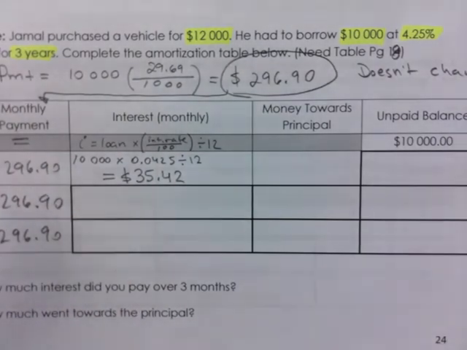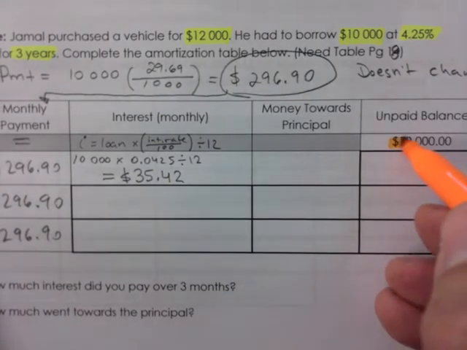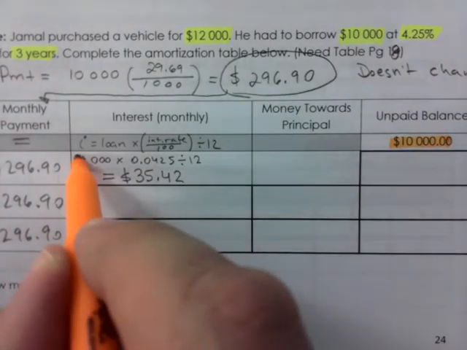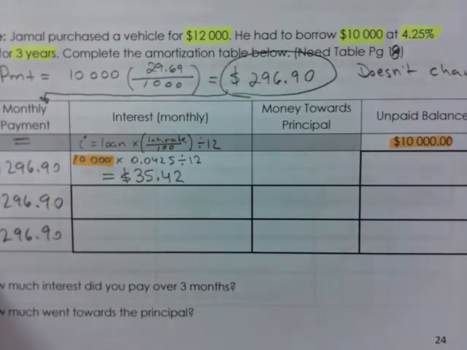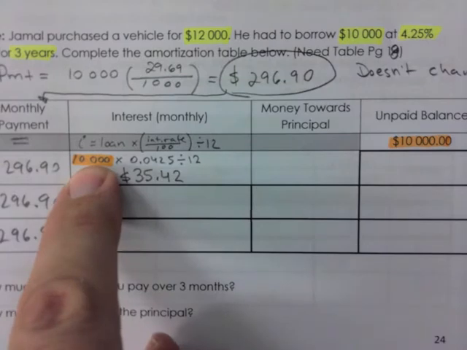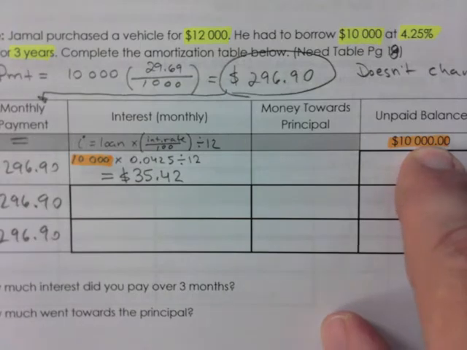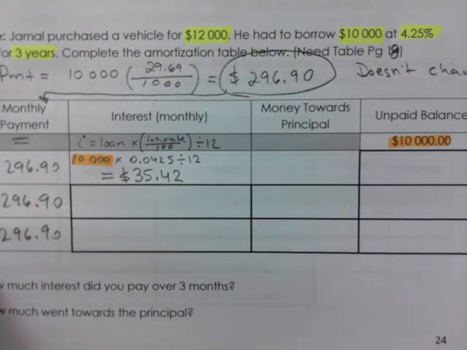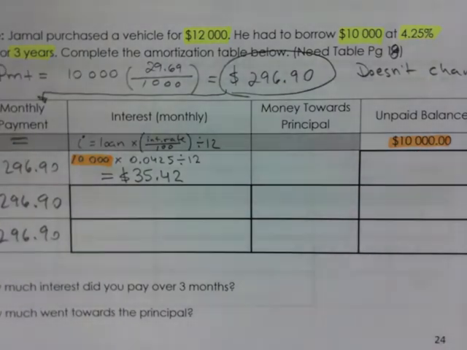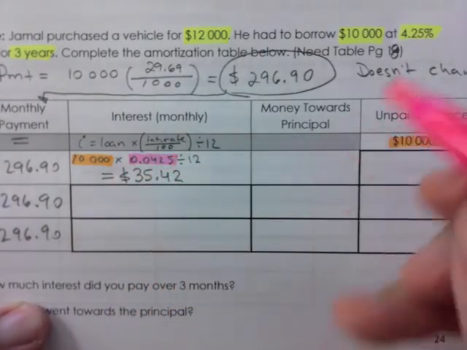And if you have different highlighters, I will make this appear here. Okay. So you know that the 10 grand, where did that come from? That's my initial amount owing. When you just get the loan, you owe 10 grand. And I will use a different highlighter for the interest rate because a lot of students don't know where I get that from.